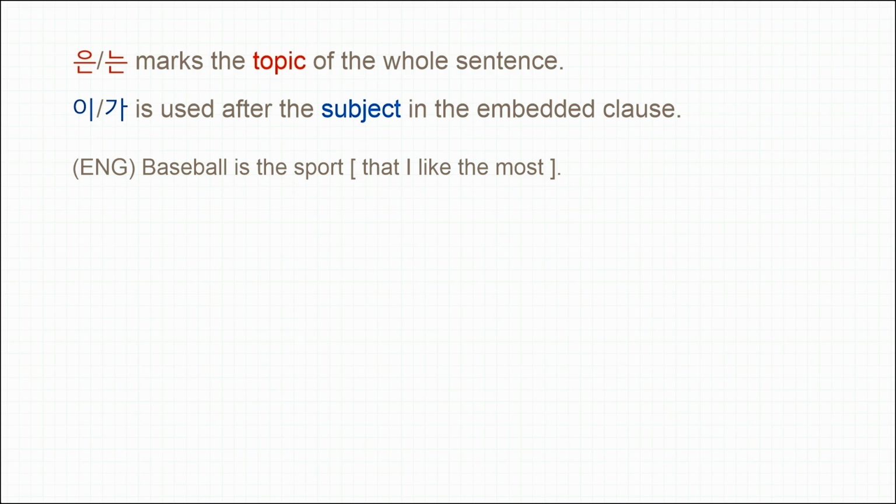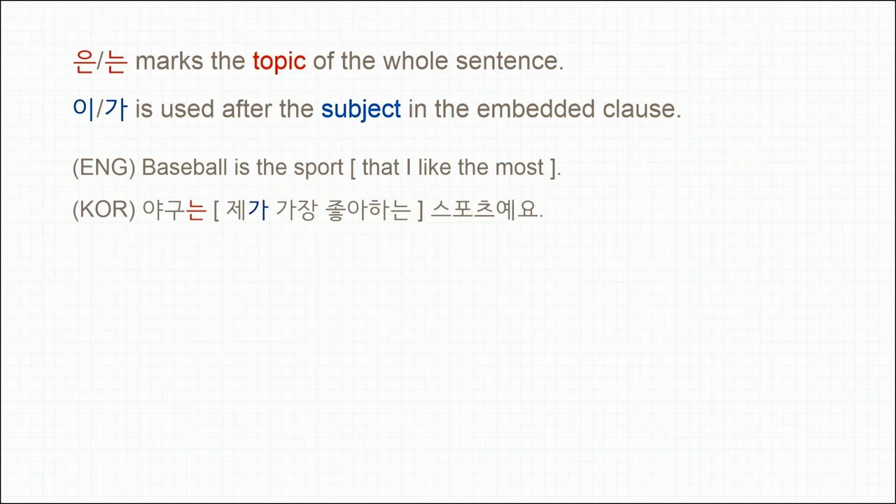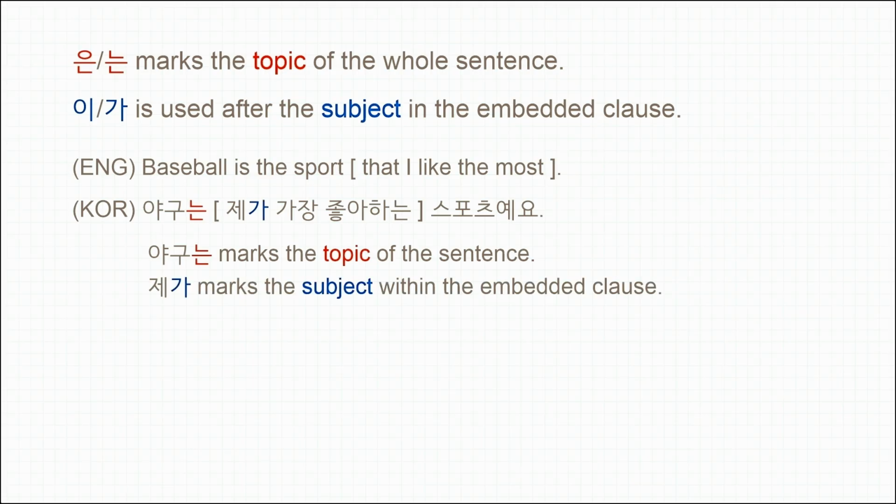Notice the relative clause, that I like the most, in this sentence. So in Korean, I would say 야구는 제가 가장 좋아하는 스포츠예요. Here, 야구는 marks the topic of the sentence and 제가 marks the subject within the embedded clause.